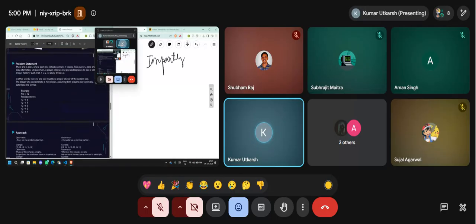So let's start. We have already covered game DP and the basic things. Now let's introduce our new topic using this question statement. There are m piles of stones, where each pile consists of n stones.